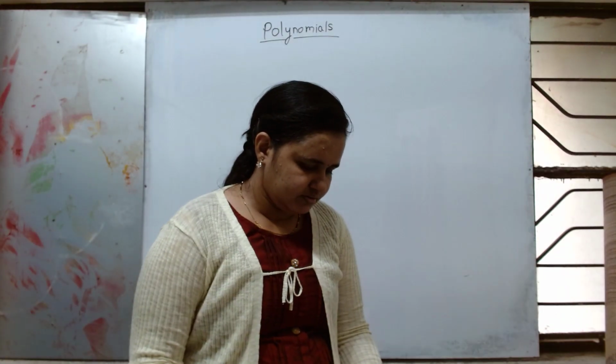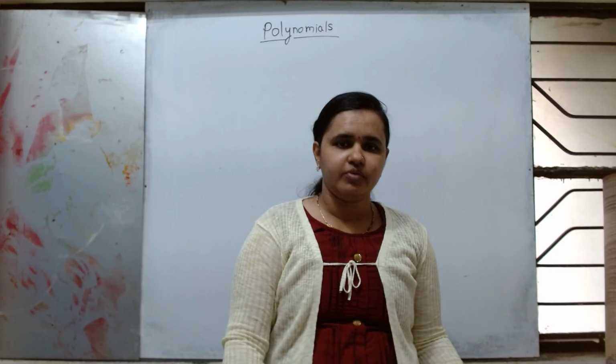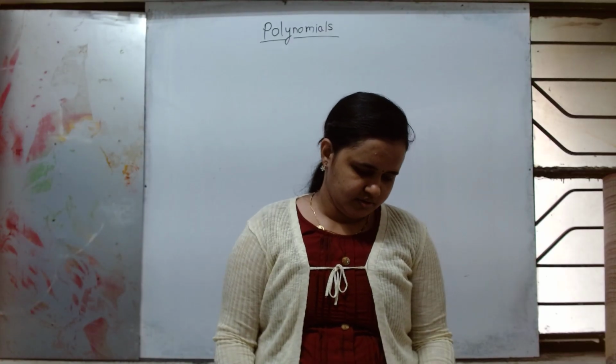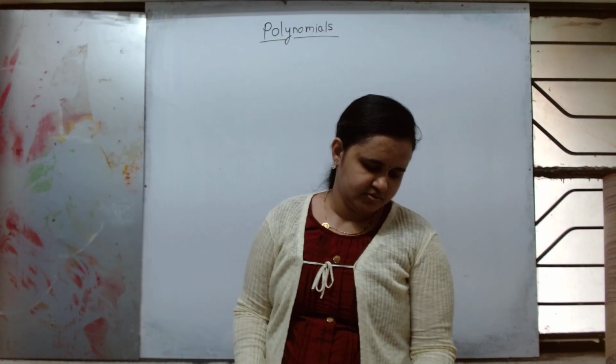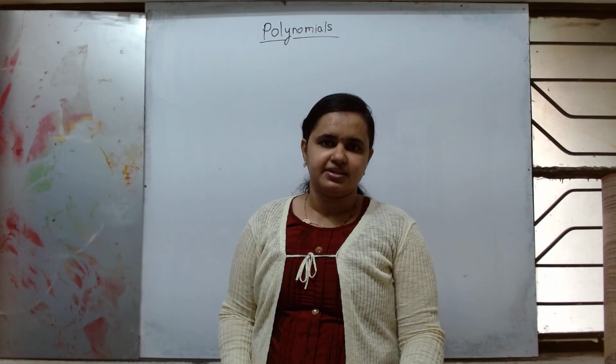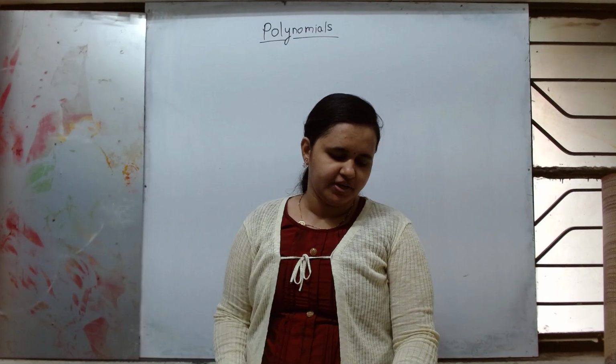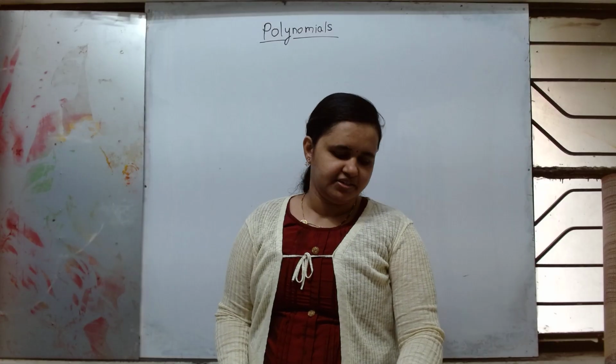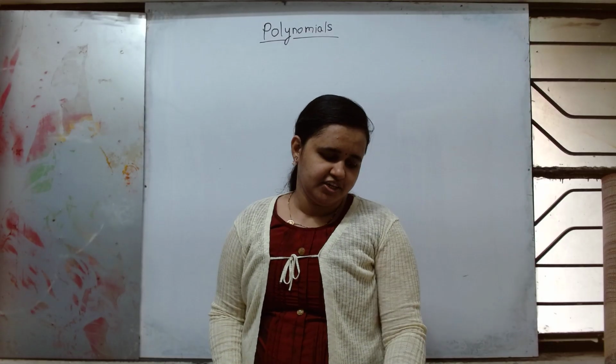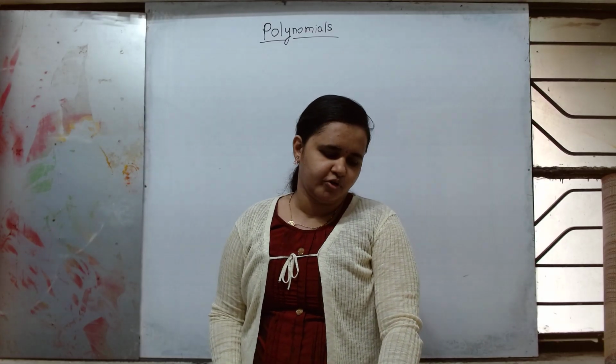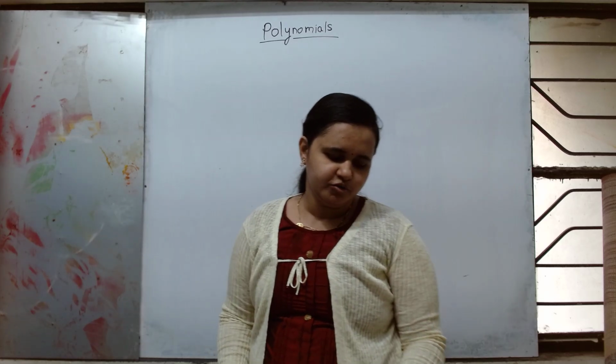Now level 1, question number 1. HCF of a square plus 7a minus 18 and a square plus 10a plus 9 is given as a plus 9. HCF is given of two expressions, two polynomials, and you have to find the LCM.